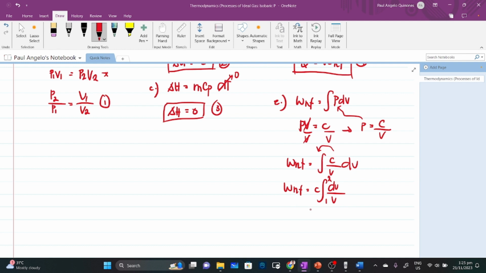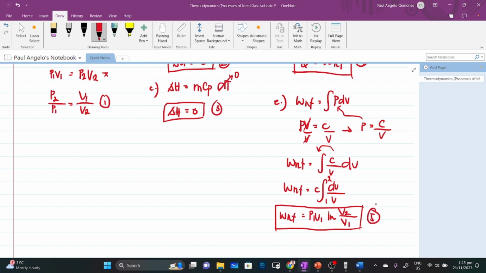Since we've said that C is equal to PV, this is P1 V1 times the natural logarithm of V2 over V1. So we just expanded the equation. This is principle number 5.